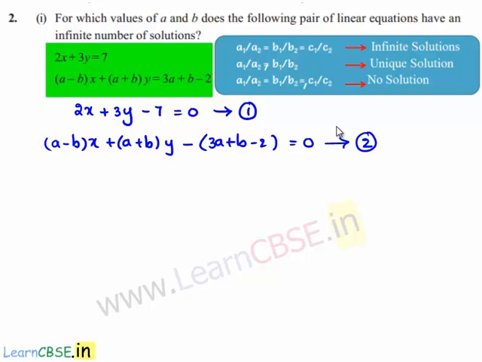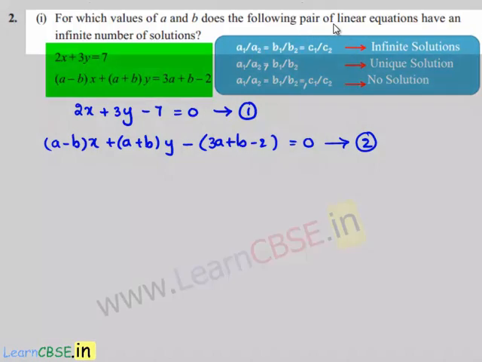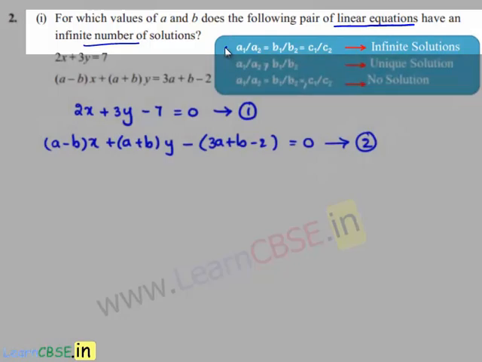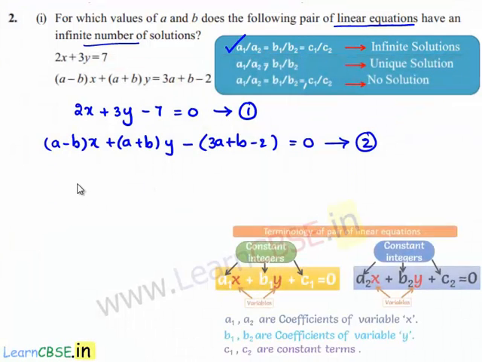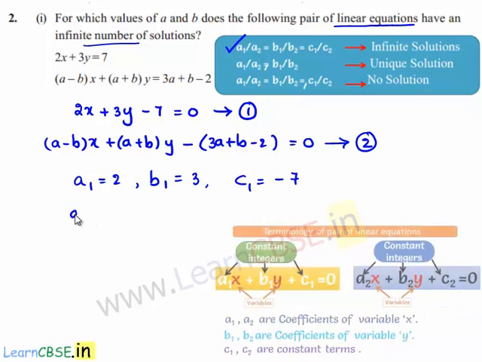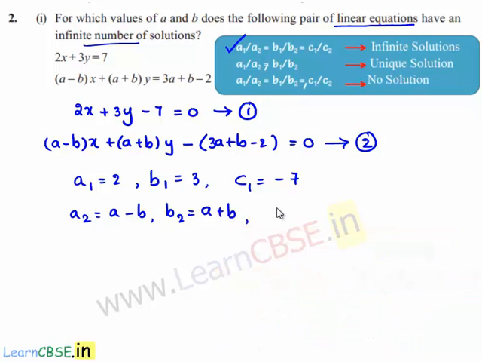According to the given condition of the problem, the given pair of linear equations have infinite number of solutions. So let us apply the condition number 1. Here a1 is equal to 2, b1 is equal to 3, c1 is minus 7, and a2 is a minus b, b2 is a plus b, c2 is minus of 3a plus b minus 2.